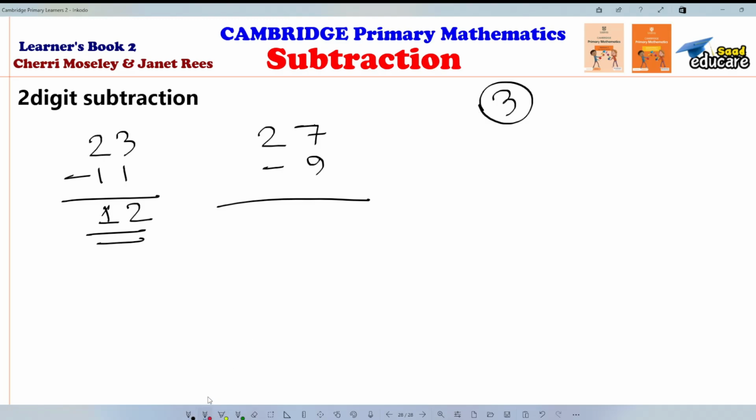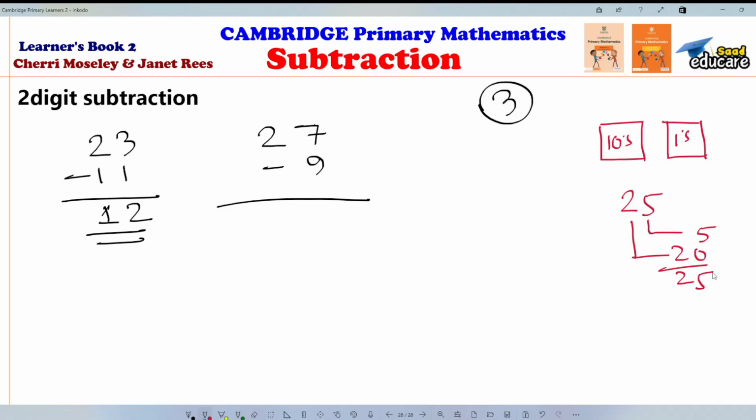Method 1, which is very popular. We know if two digits, the unit digit we can say ones and second digit we can say tens, right? Suppose 25, this is 5 and this is 20. It means 25.